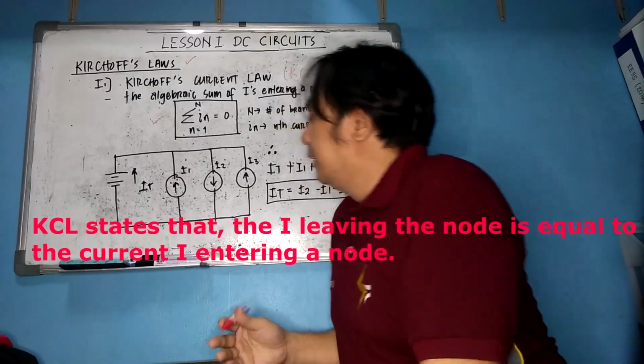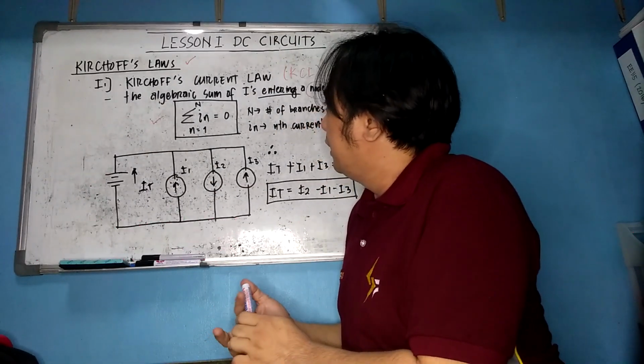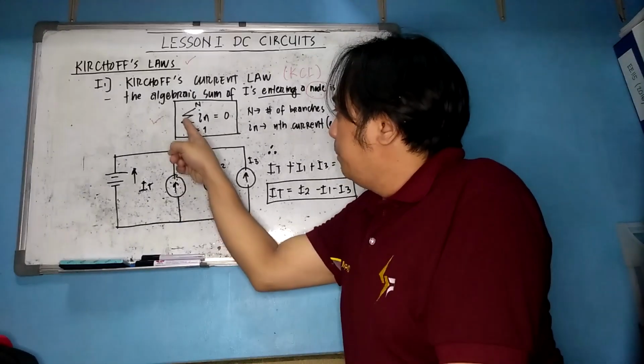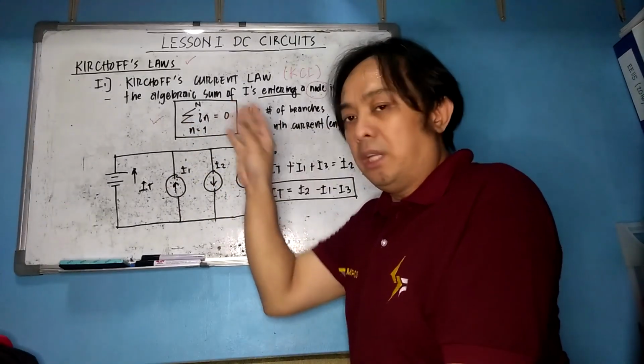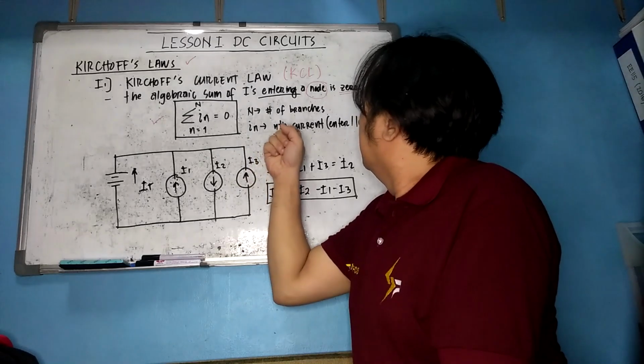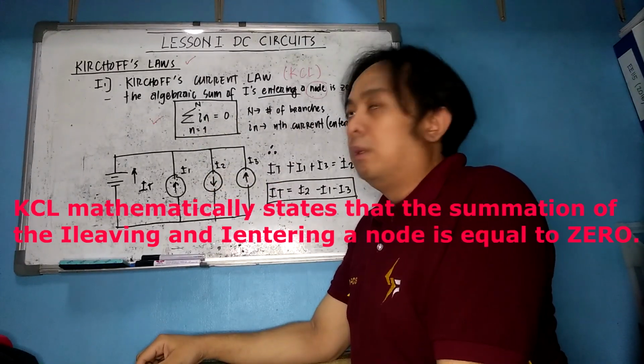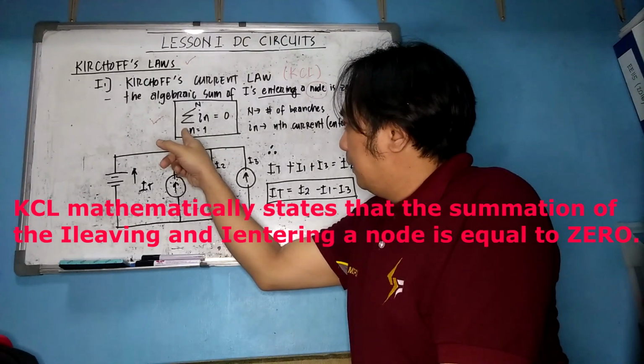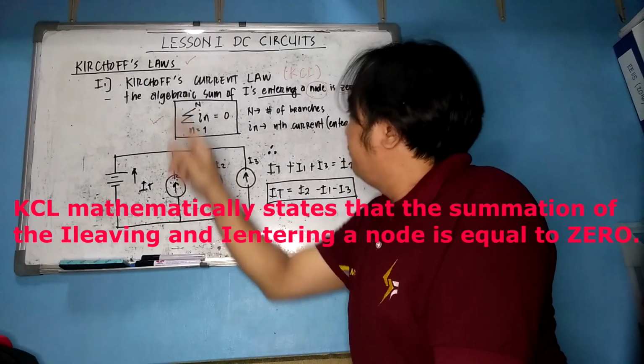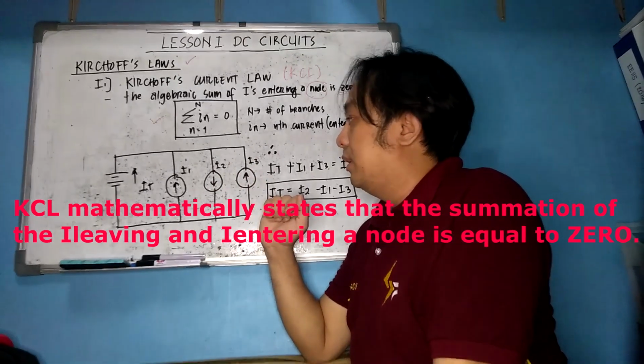Mathematically, the equation for Kirchhoff's current law is the summation of all of the currents entering a node or leaving a node must be equal to 0, from a counter of n equal to 1 up to n, which is the number of branches.